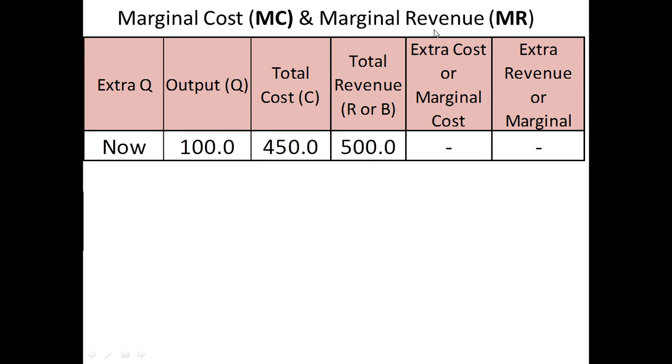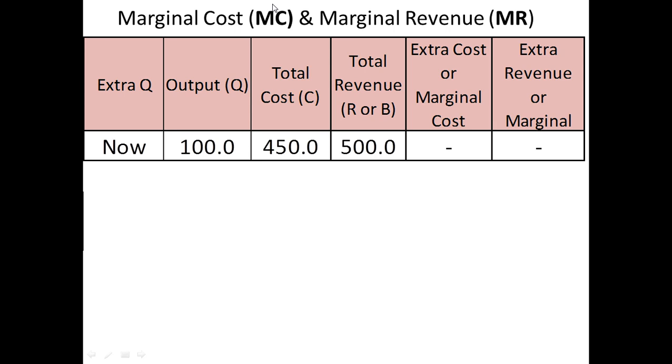Suppose we are producers. Our function is producing goods or services and selling them. In order to produce goods or services, you need to pay.